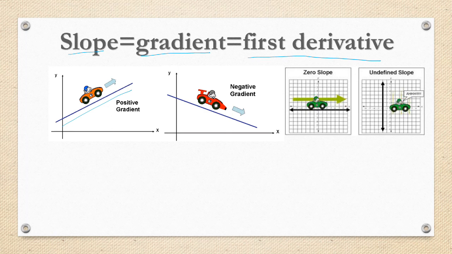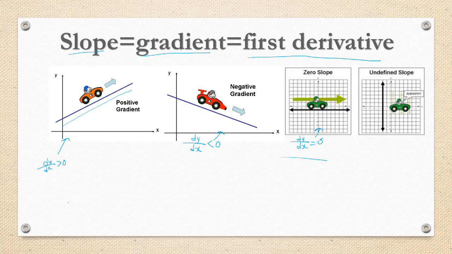A zero slope means a horizontal line, and a vertical line has no gradient; it's called an undefined slope. If dy/dx is greater than 0, you have a positive gradient. If dy/dx is smaller than 0, you have a negative gradient. If dy/dx equals 0, you get a zero slope.